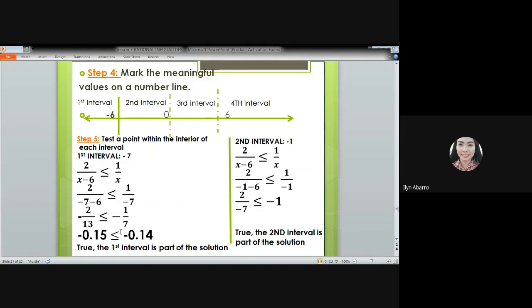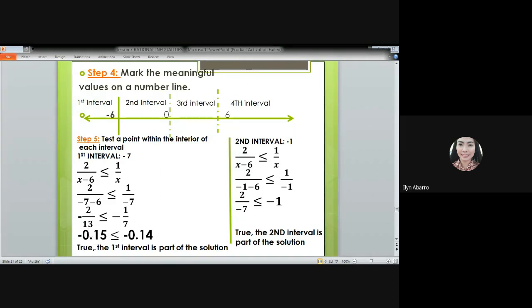So kapag ganito, hindi nyo makita kapag fraction yung kung alin yung greater or lesser, you can divide it. So that your answer will be a decimal number. It is easier to identify the value in decimal. Okay? So, negative 2 over 13 is negative 0.15.